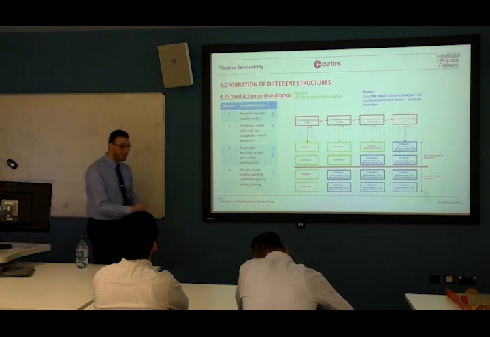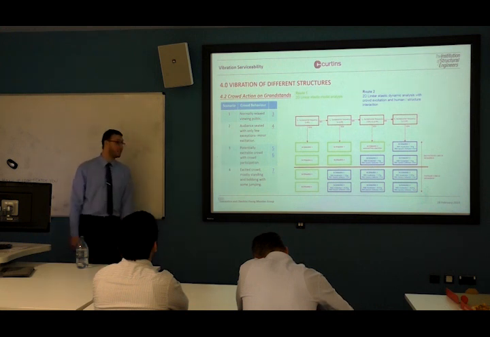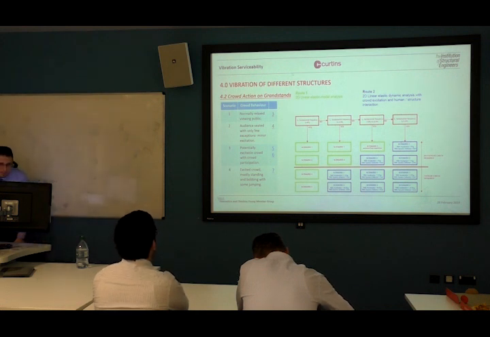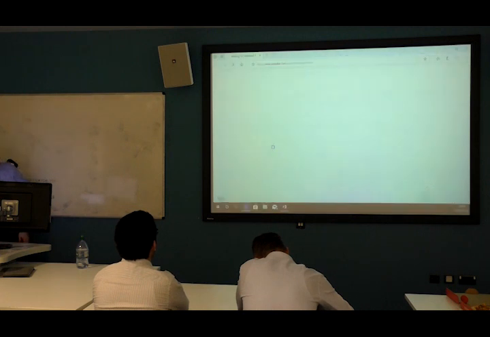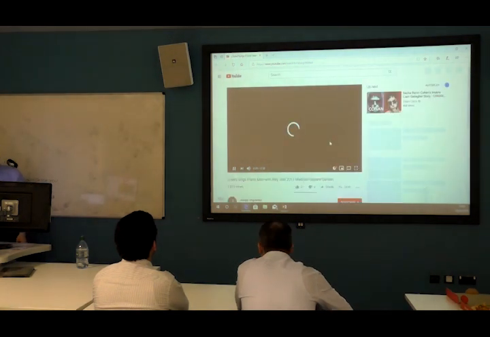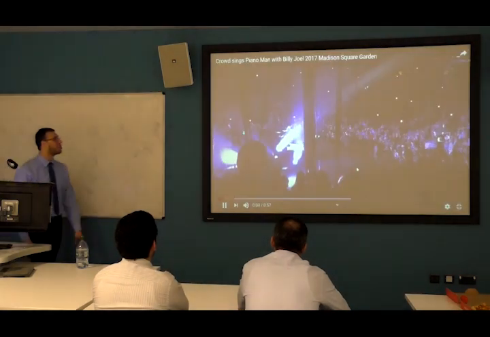Now we move on a little bit and say, okay, scenario 3 is a potentially excited crowd, and the crowd are really participating in the motion. And I chose this one for it. I think this is a good song.